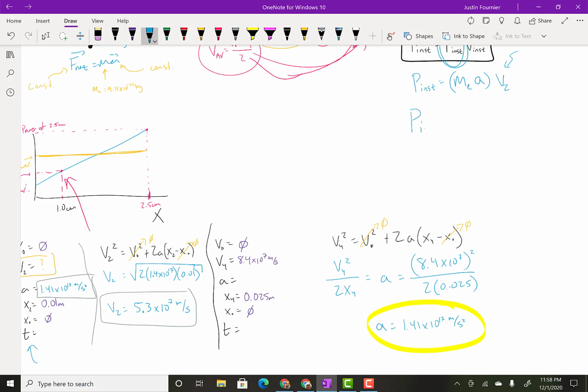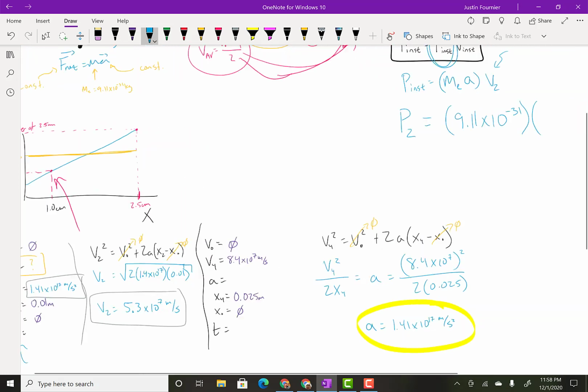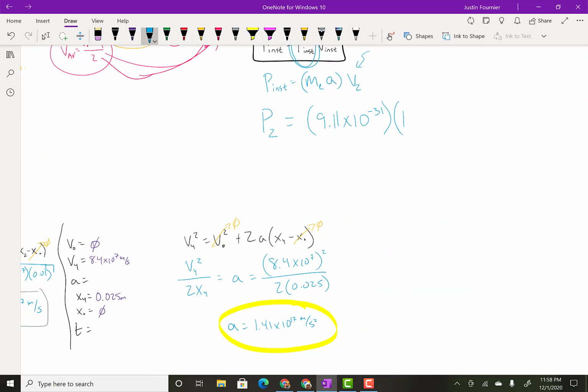So basically now I can take those and plug those in for my instantaneous velocity and my acceleration. In fact, I'll stop calling this P instantaneous. I'll call it P2 because it's the power at position 2. That's going to be the mass of an electron, which, like I said before, you can look up, is 9.11 times 10 to the negative 31 kilograms. The acceleration I got was 1.41 times 10 to the 17 meters per second squared.